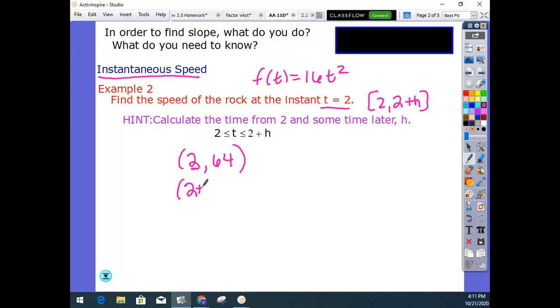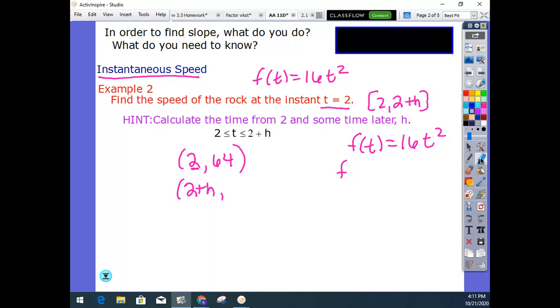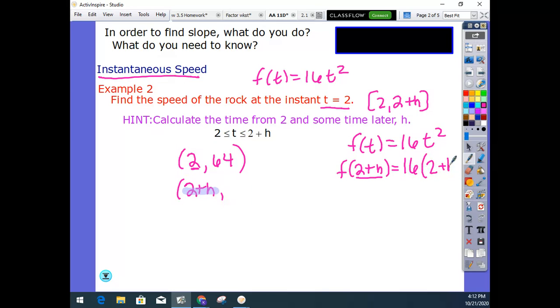The 2 plus h is the trickier part, and this is where we're getting into more of the calculus part. Now, if f of t is 16t squared, what is f of 2 plus h? I'm replacing t with 2 plus h to find my y value. 16 times 2 plus h squared.